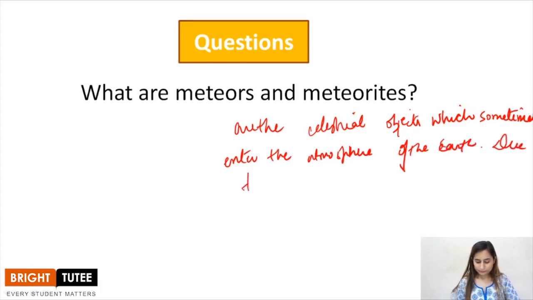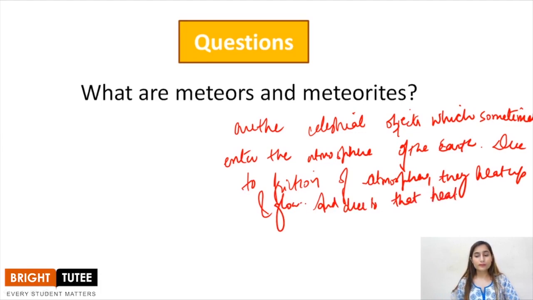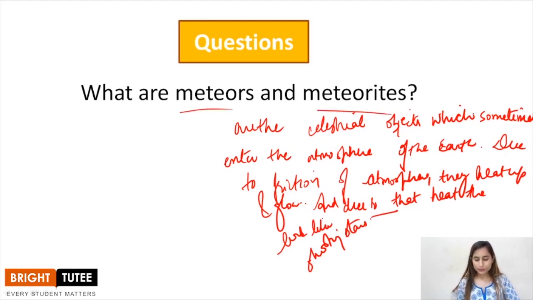Due to the friction of atmosphere, they heat up and glow, and due to that heat they look like shooting stars, right? They look like shooting stars, but they are not stars, they are meteors and meteorites.